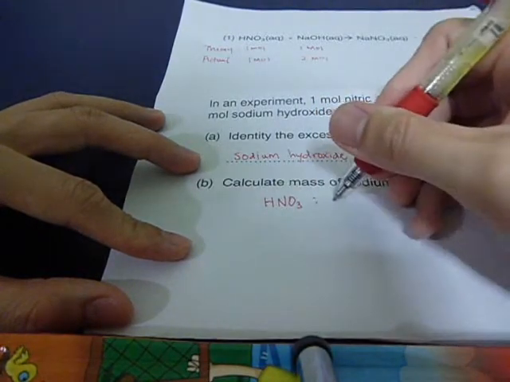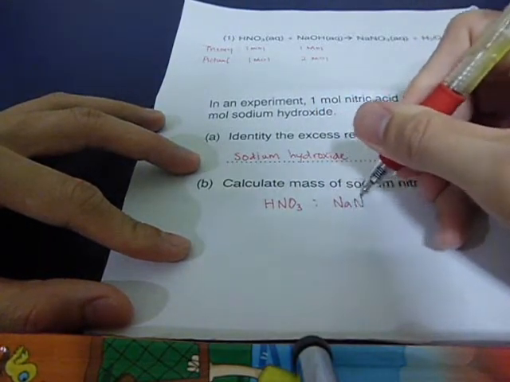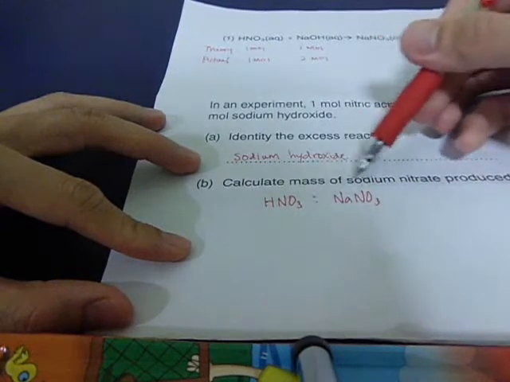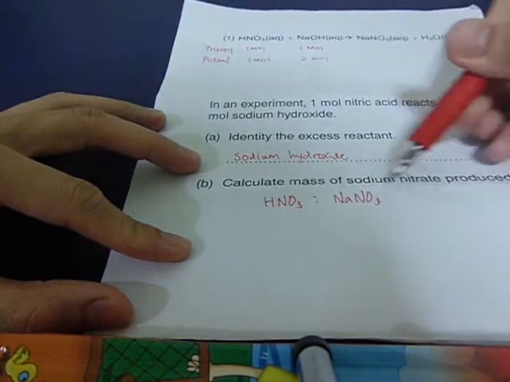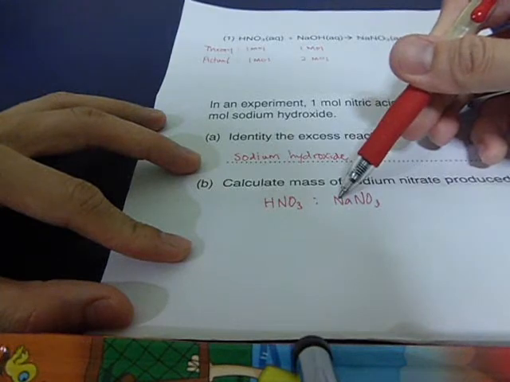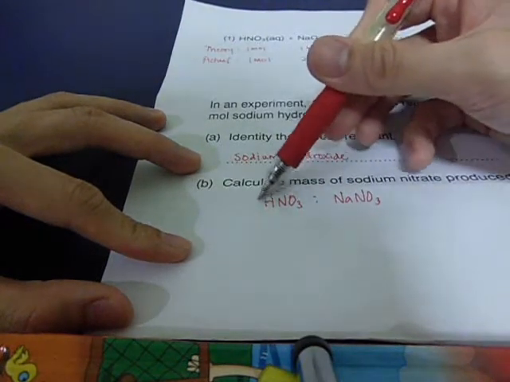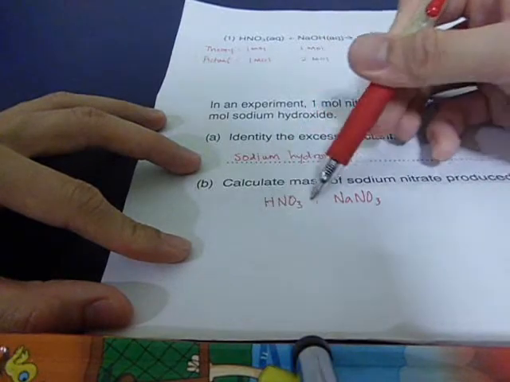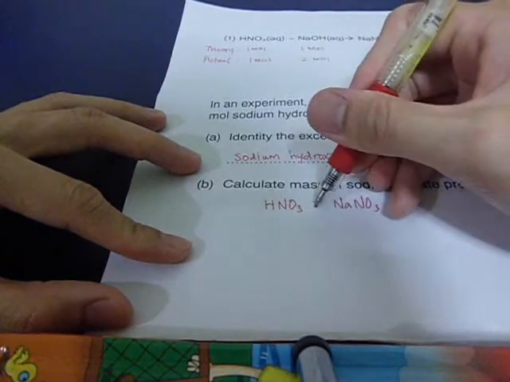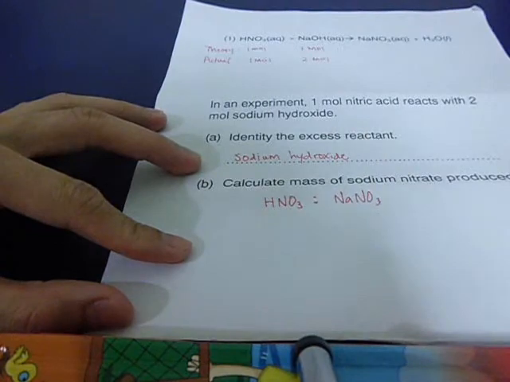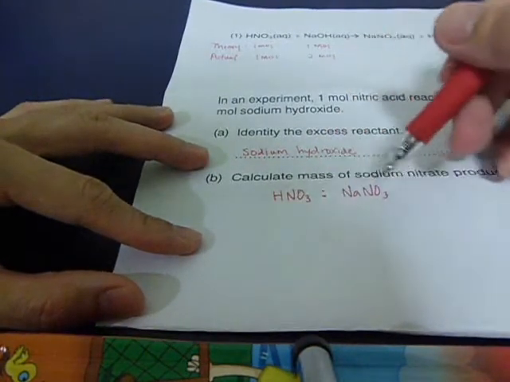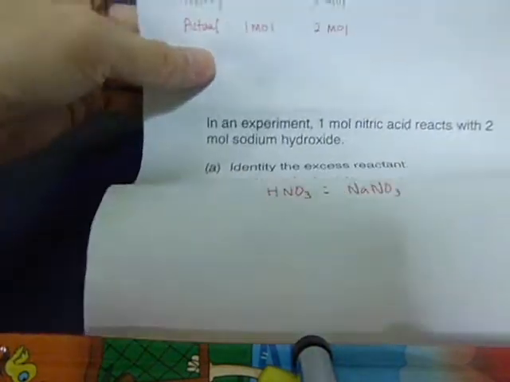HNO3 and sodium nitrate, what is the mole ratio? Because we want to calculate the mass of sodium nitrate produced. The amount of sodium nitrate that is produced depends on the limiting reactant, which in this case is nitric acid. So we have to look at the ratio of these 2 chemicals. Nitric acid to sodium nitrate, what is the mole ratio?